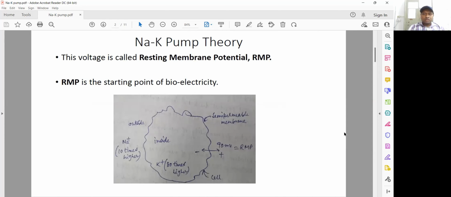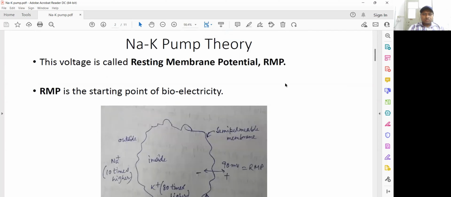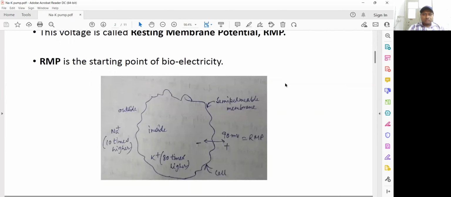Now let us suppose this particular structure is one cell, and the cell is the smallest unit of the human body. Any cell, as you know, is covered by a semi-permeable membrane.